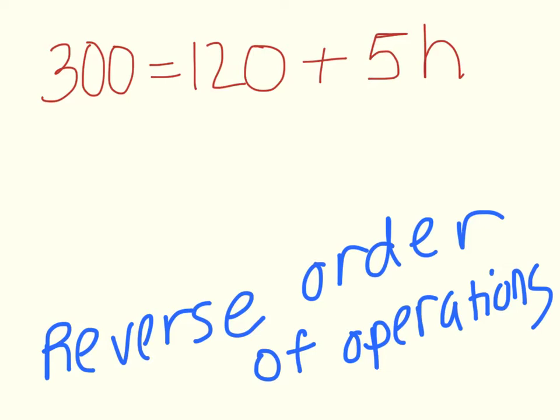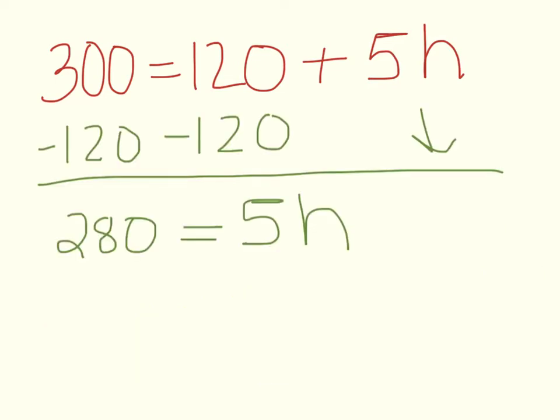So this first example is 300 equals 120 plus 5h. So your first step is still going to be the same. You're going to look at what is being done to your variable, which is h. Except in this case, we have two things being done to it. First, it's being multiplied by 5, and also 120 is being added to it.